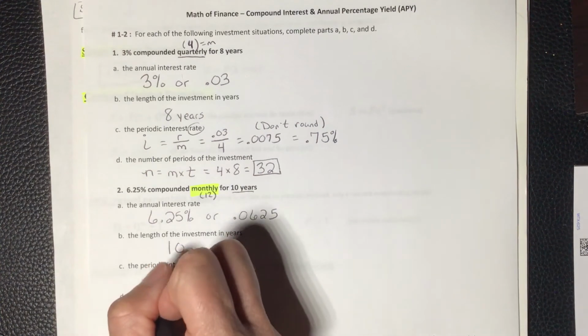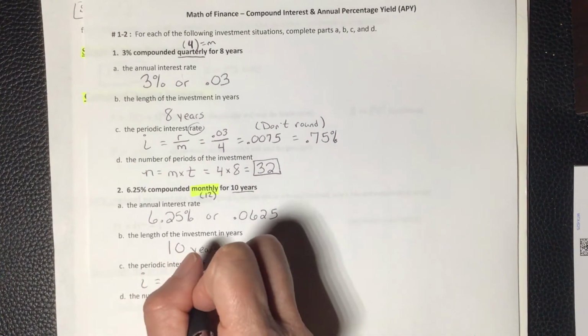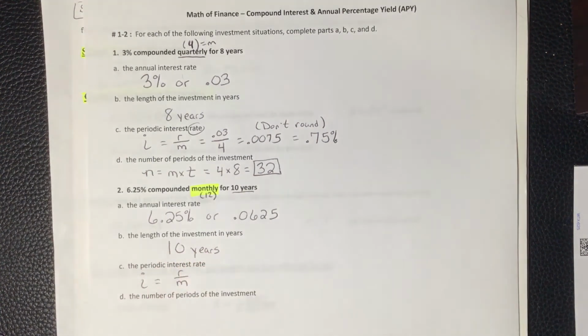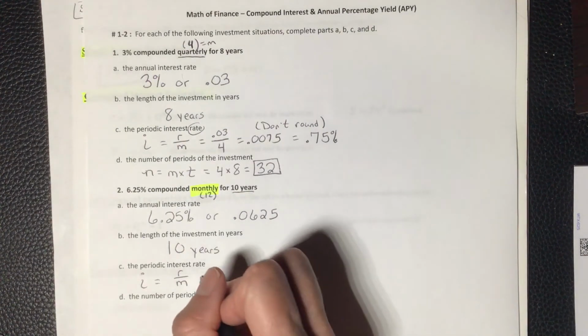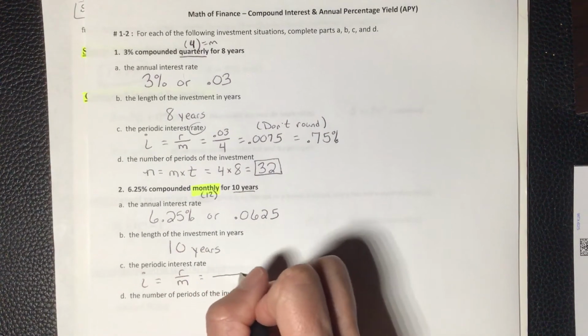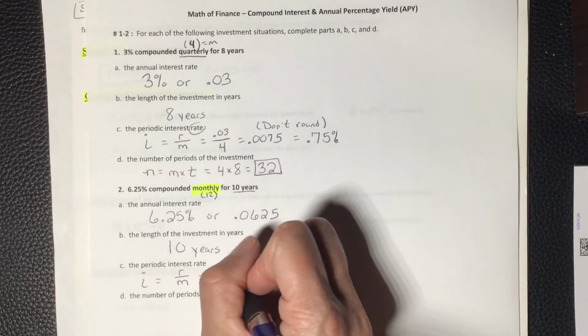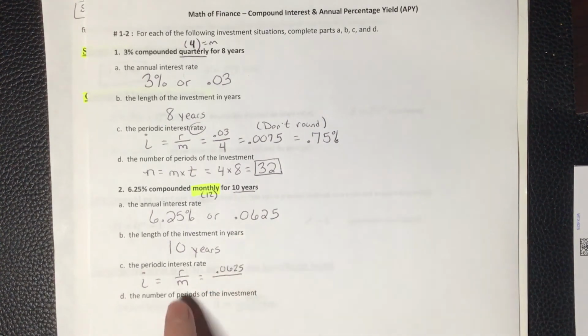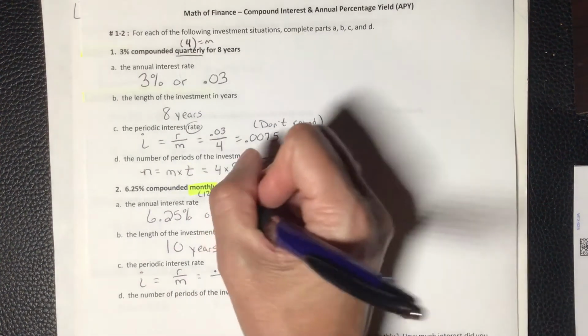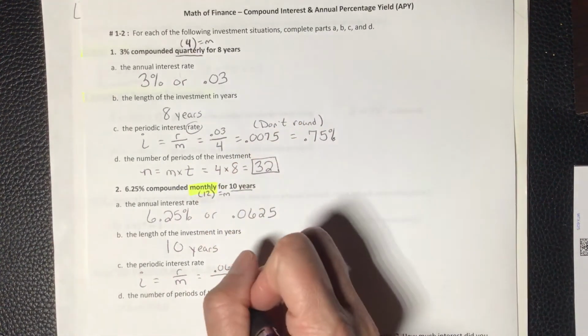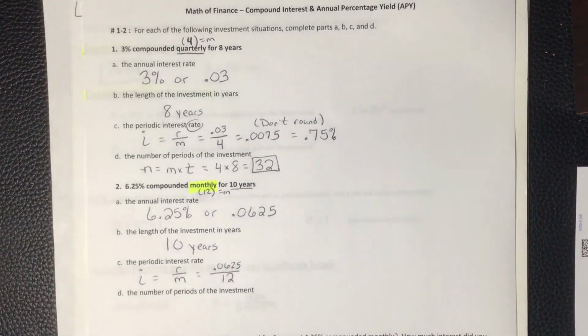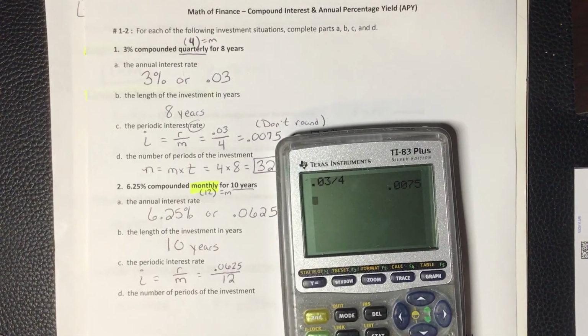Now for the periodic interest rate, this is I. So this is going to be R divided by M. Remember, R has to be a decimal, so we have to come back and get this one, 0.0625. And remember, we're compounding monthly, so our M is going to be 12. All right, so 0.0625 divided by 12.